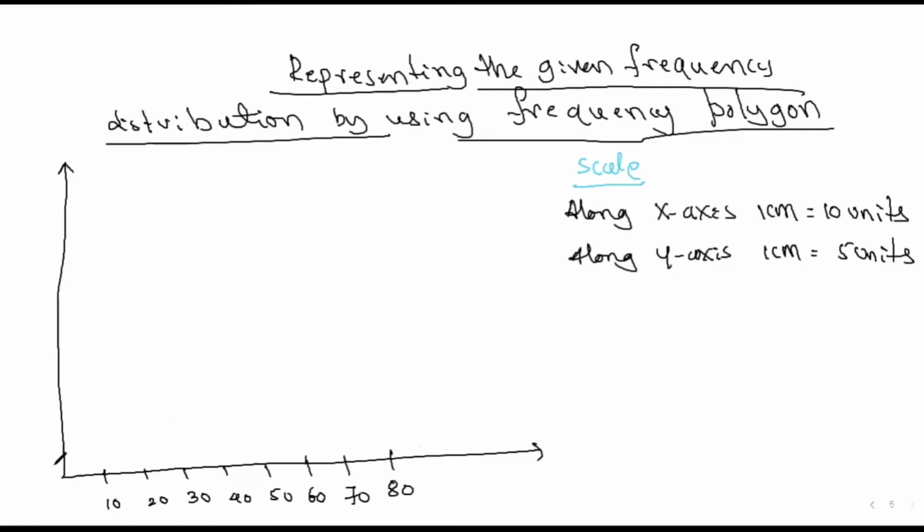And along y-axis we consider frequencies, and the scale along y-axis is 1 centimeter equal to 5 units: 5, 10, 15, 20, 25, 30, 35. Here we considered frequencies, right? And here we consider variables.